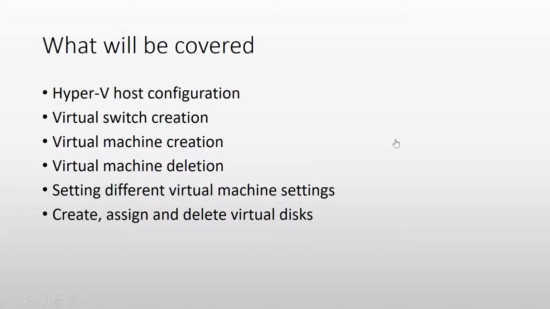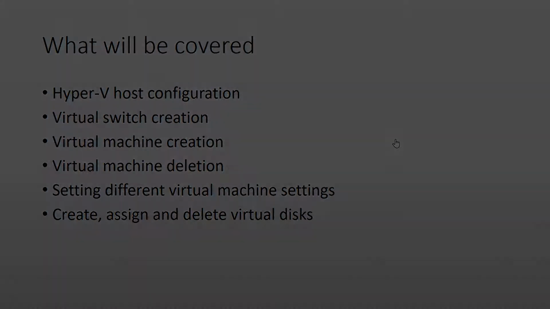We will go over some of the basic Hyper-V host configuration items, then configure virtual switches, then work with virtual machines, create them, edit them, and delete them, and also work with virtual disks, like create a virtual disk, assign it to a machine, and delete a virtual disk. So let's actually start and work on these topics.